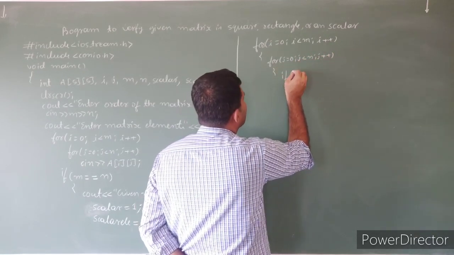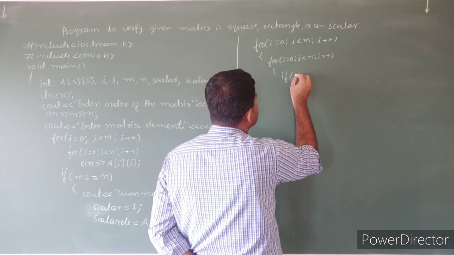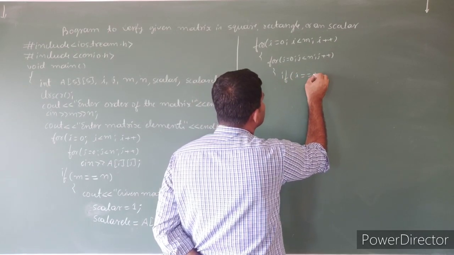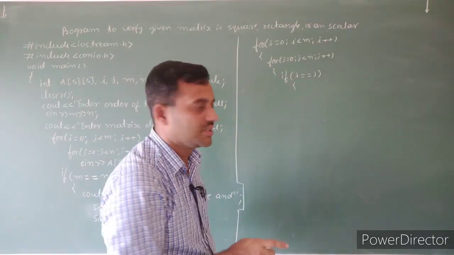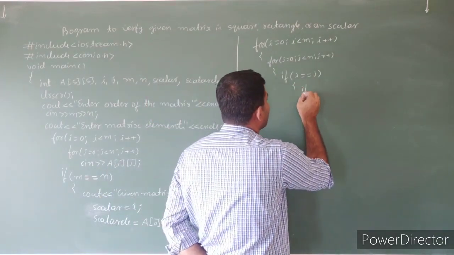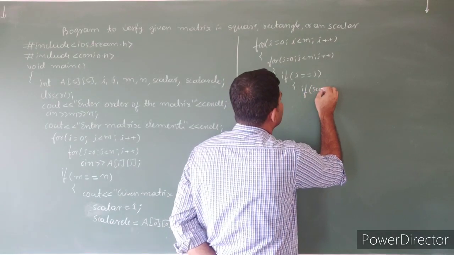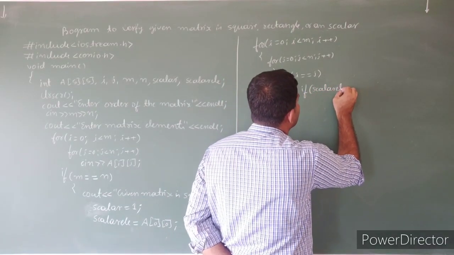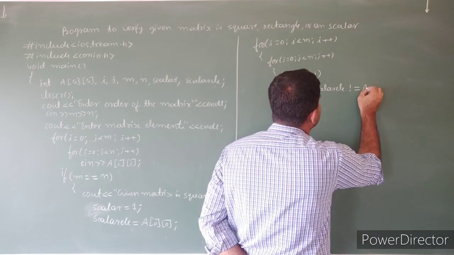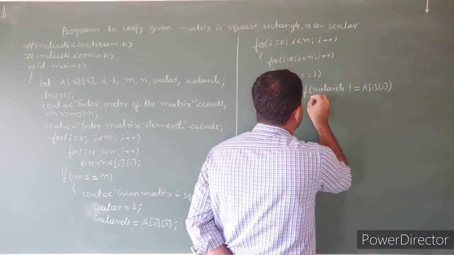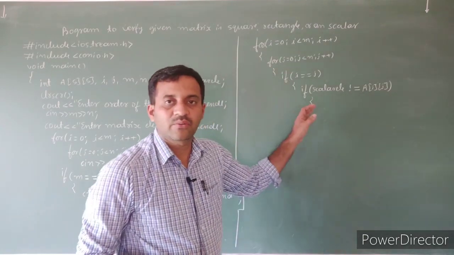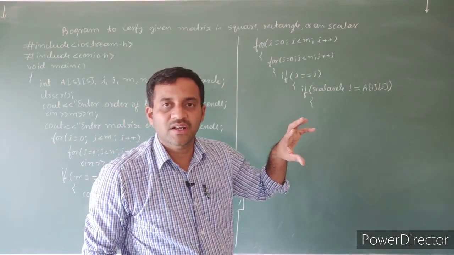Then verify if i is equal to j. Under that, again verify if scalar element is not equal to a of i j. First, we have to verify all principal diagonal elements must be the same.